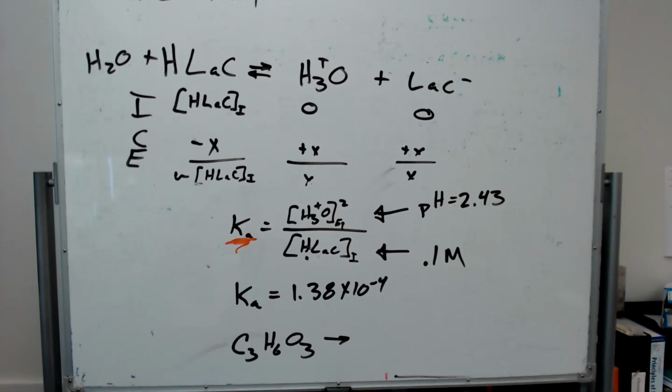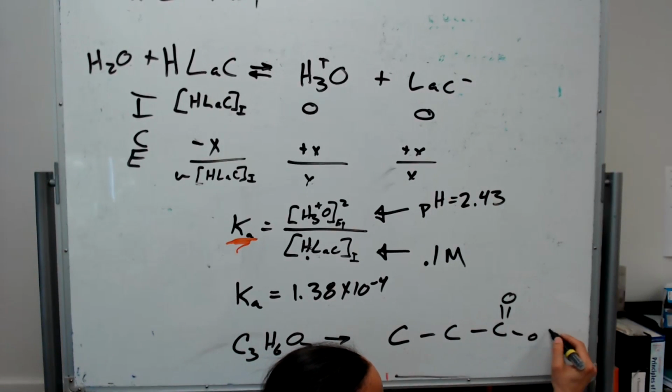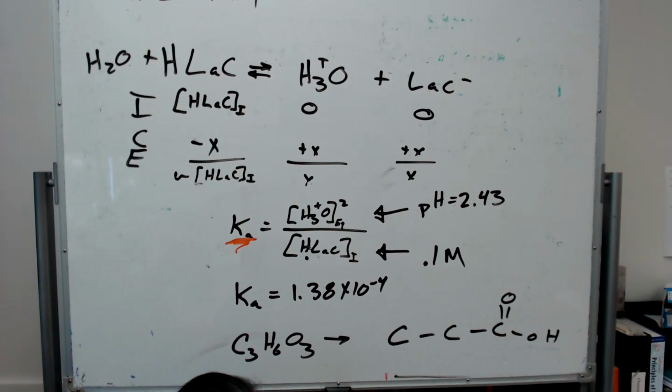We're all familiar with acetic acid. It's boringly familiar. So if we looked at the structure, we've got a carbon, a carbon, a carbon with a carboxylic acid group on there. We've got an alcohol group, and then we've just got our hydrogens.